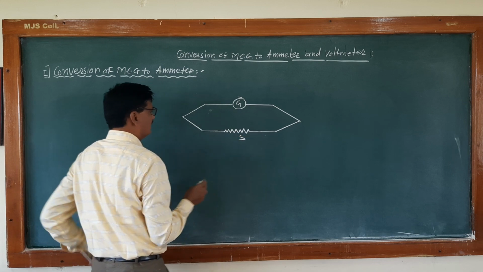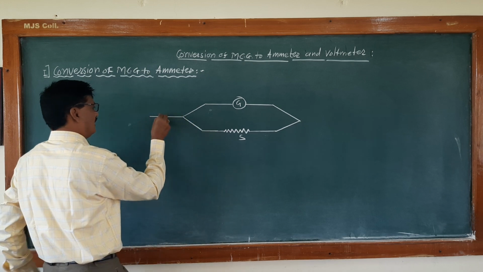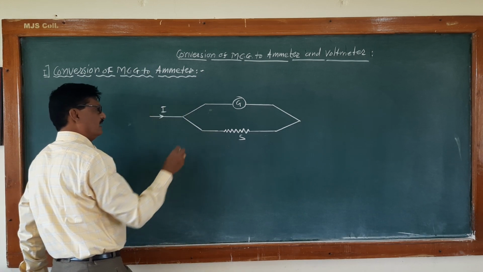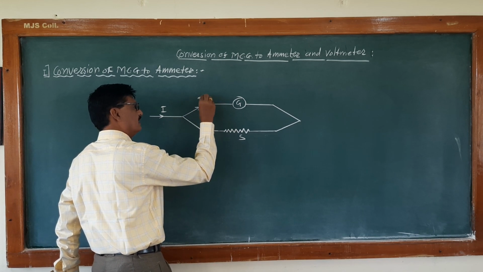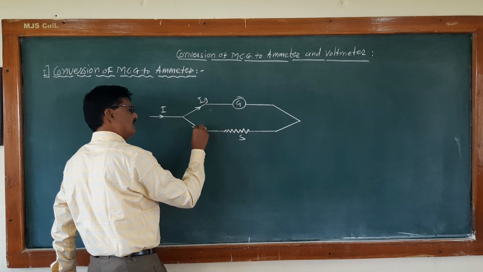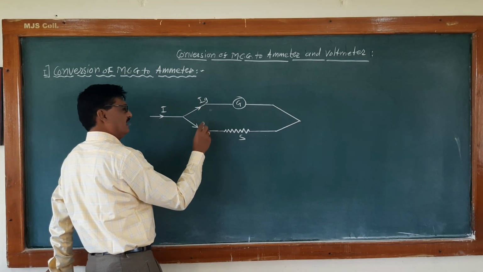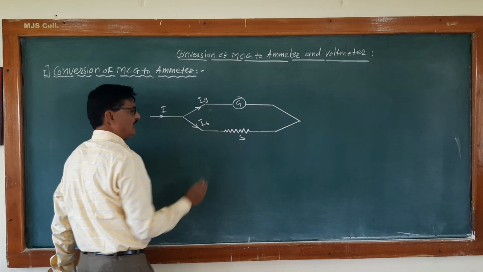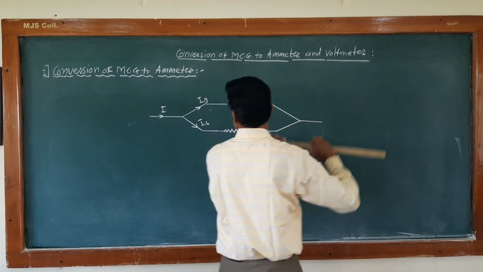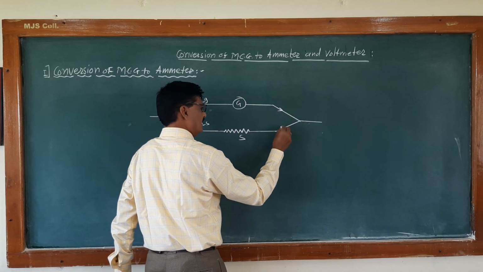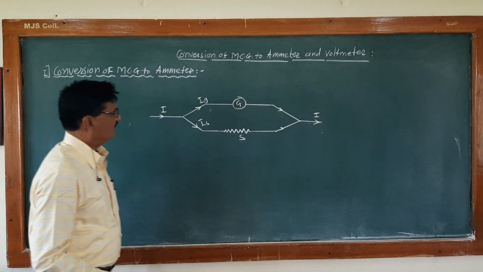Suppose this is called S, and due to the source, current I flows in the circuit. Suppose this current is Ig, and the remaining current, that is I minus Ig, is the current flowing through the shunt. In the same way, this current is Is, and the same current I flows through this circuit.